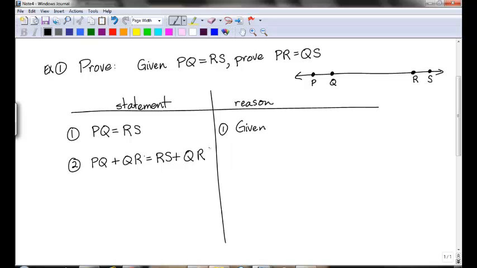What did I do there? I added QR on both sides. What property? Addition. And if it helps you, taking notes, basically all we did there was we added QR to both sides.